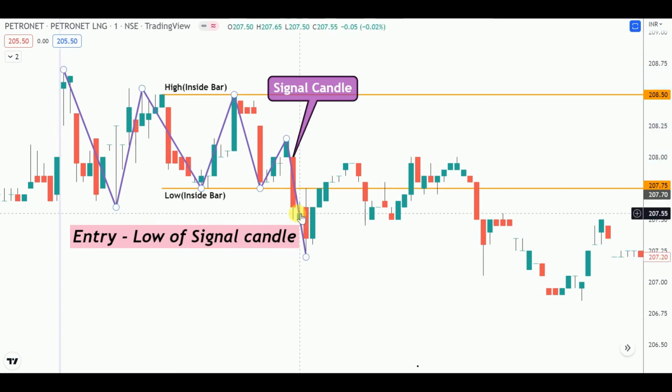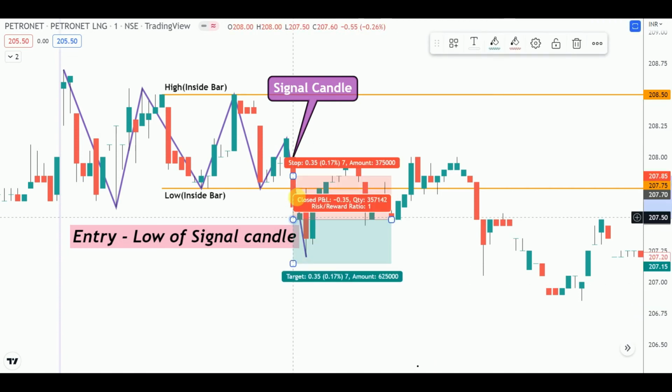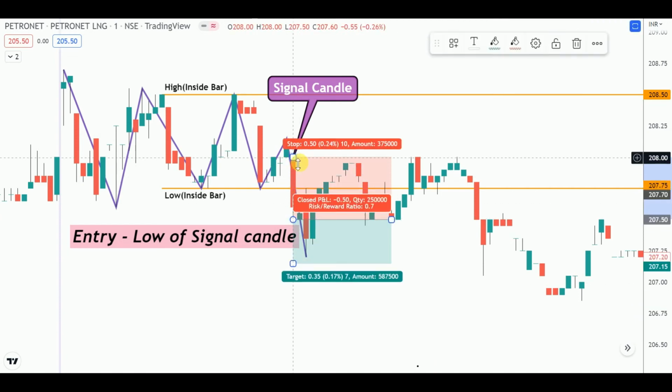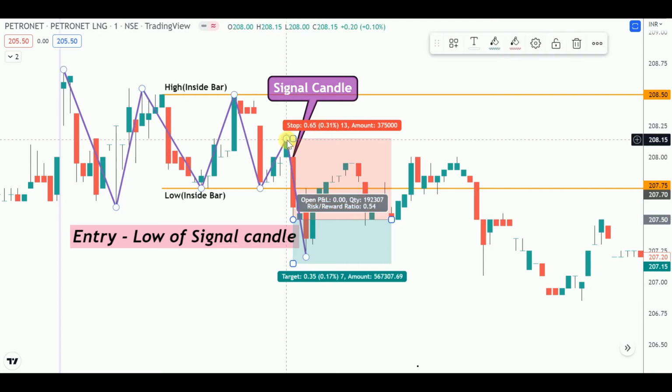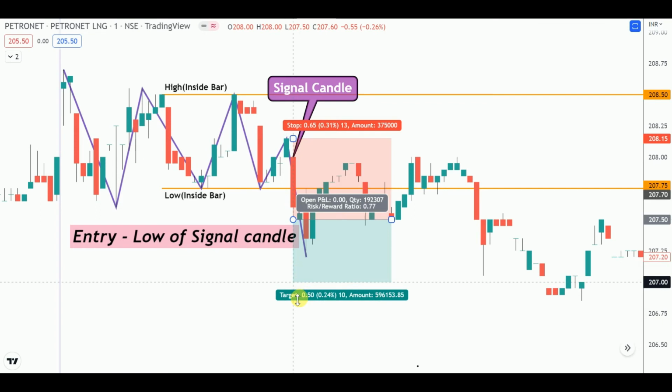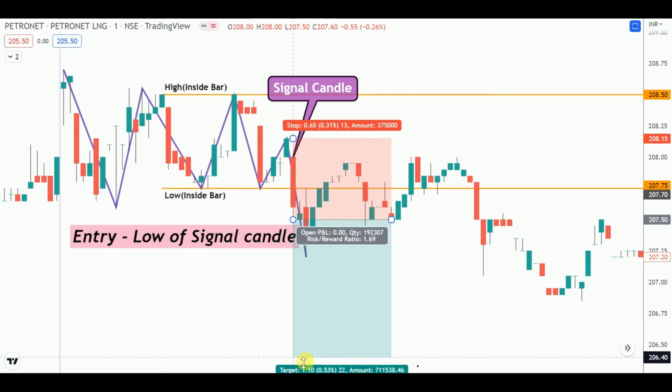So if I'm going to enter at this point, my previous swing low and swing high will be this one. So instead of putting our stop loss at this point, I can shift my stop loss to the previous high for the short position at this point, and then I will manage my risk to reward.